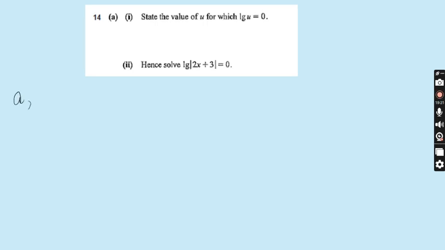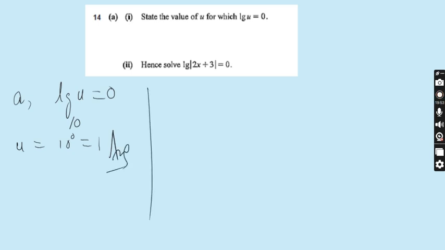State the value of u for which lg u is equal to 0. You know, when you see lg, it means the logarithm with base 10. Now convert this logarithm into index form. So u is equal to 10 to the power 0, and 10 to the power 0 is 1. So our final answer is u is equal to 1.